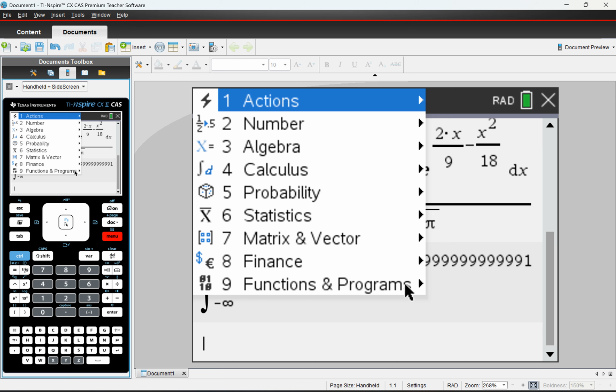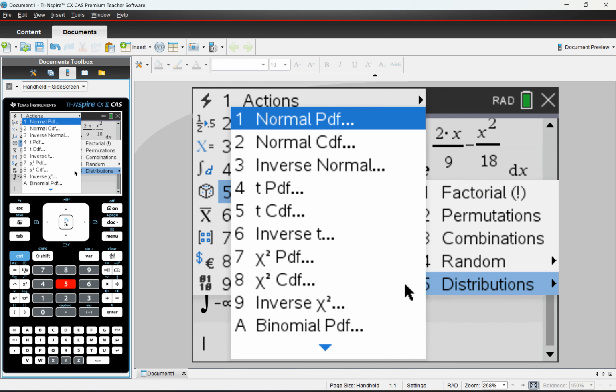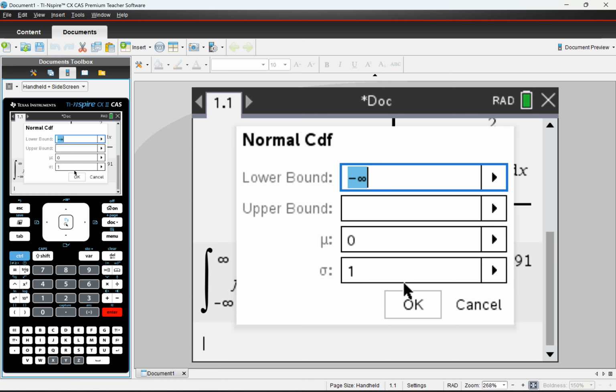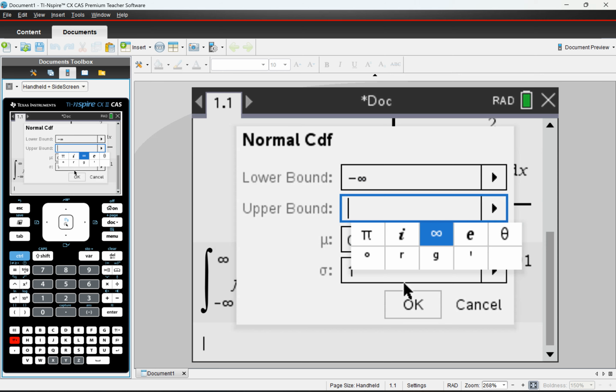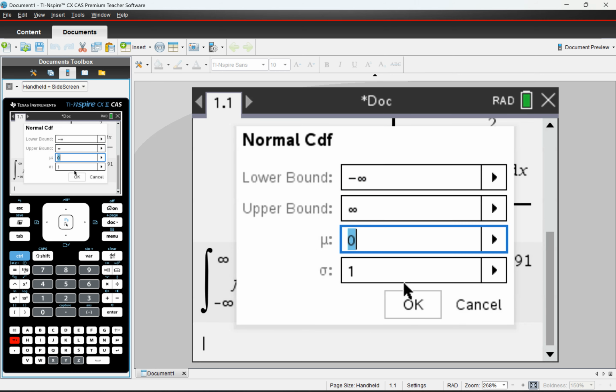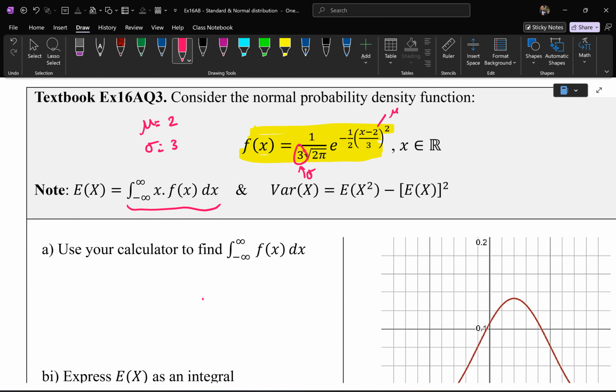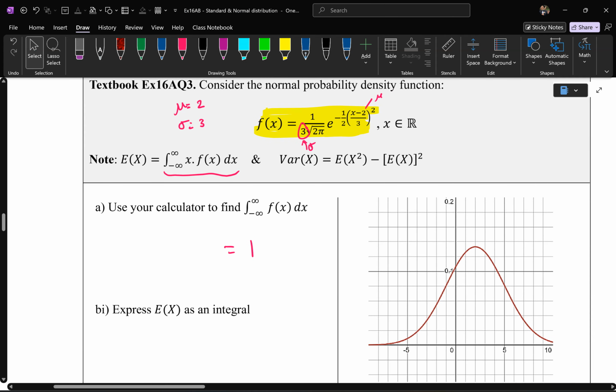If we did menu, probability, distributions, norm CDF number 2, so menu 552, negative infinity up until infinity, so lower bound, upper bound, and mean is 2, standard deviation is 3, you get 1, same idea. Okay, so both of them are the same. So we should get, use a calculator to find, so we get 1. Great. I've done the CAS work.